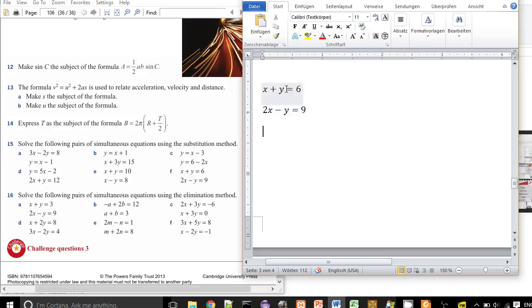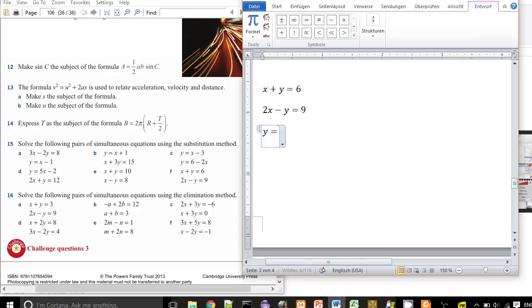Let's take the first equation. If we subtract this x, I can get y by itself. Or I could do it the other way, but I'll do it that way. So y equals 6 minus x from the first equation. Just subtract x. Now I'm going to put this in where the y is.